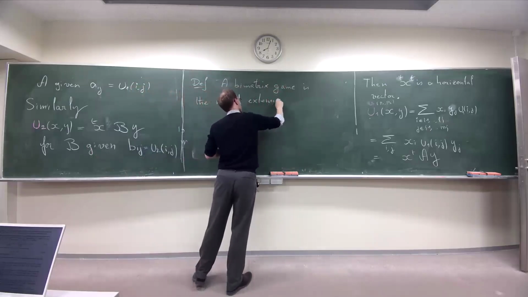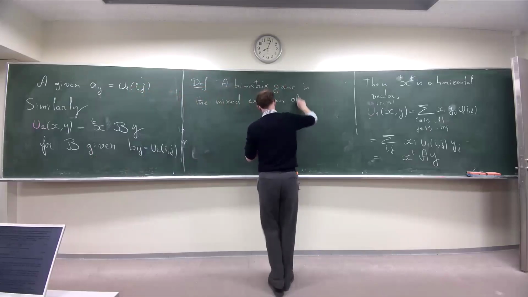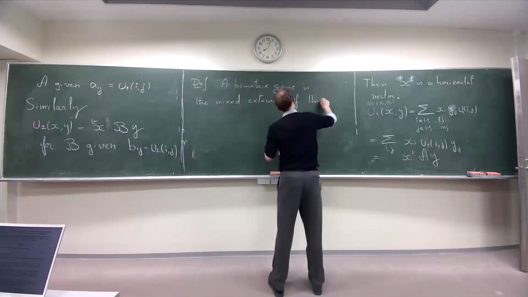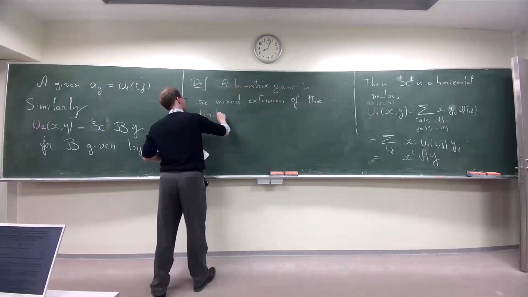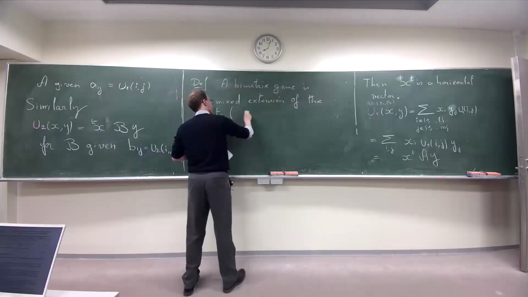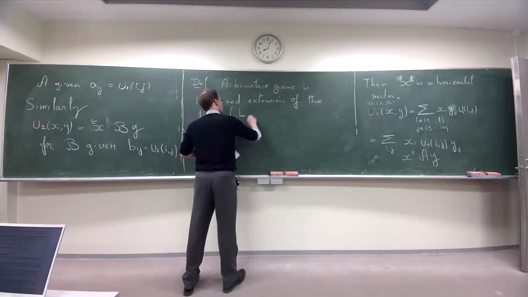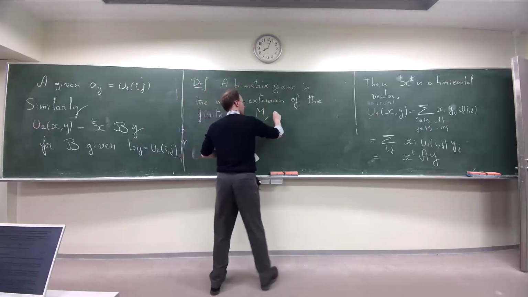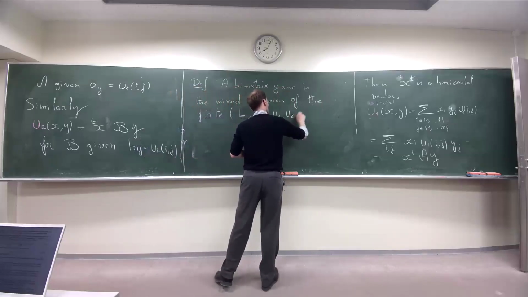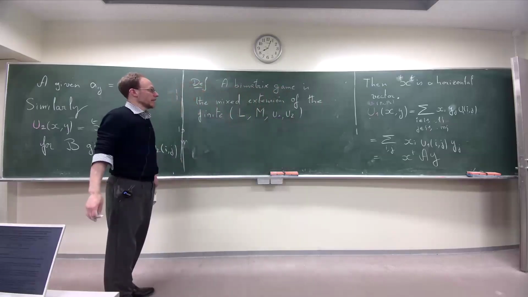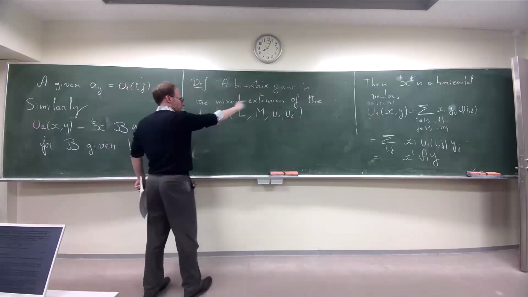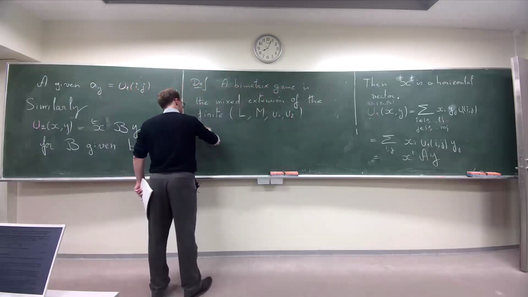It's a mixed extension of the finite game, which was given by L, M, U1, U2. That was the original game. And what is a mixed extension defined by?